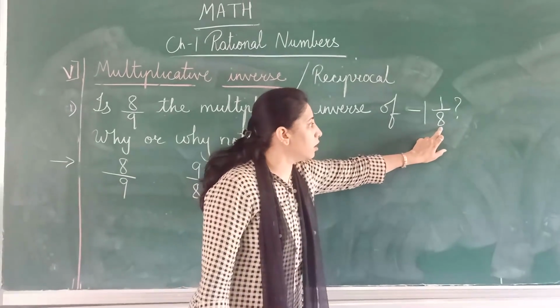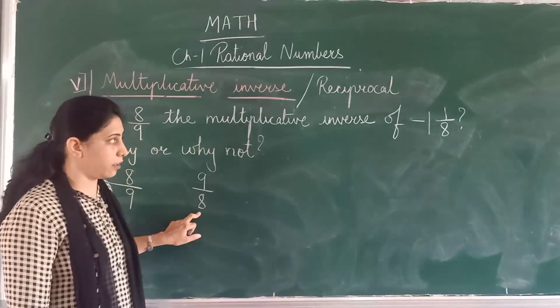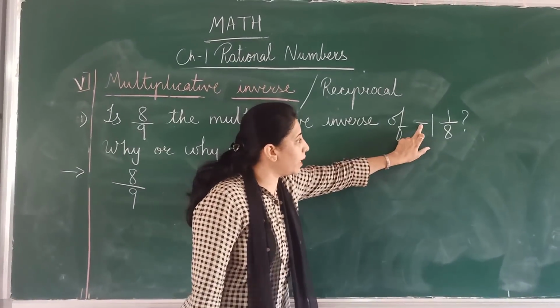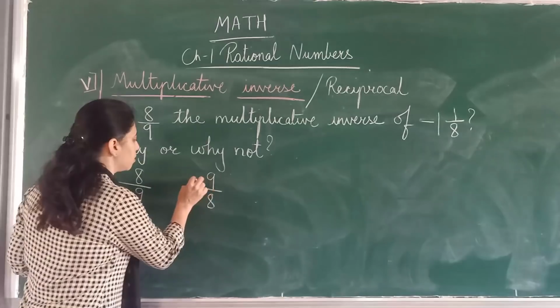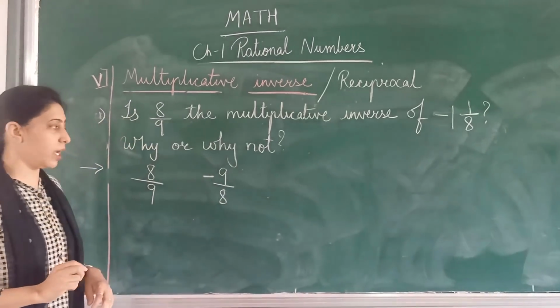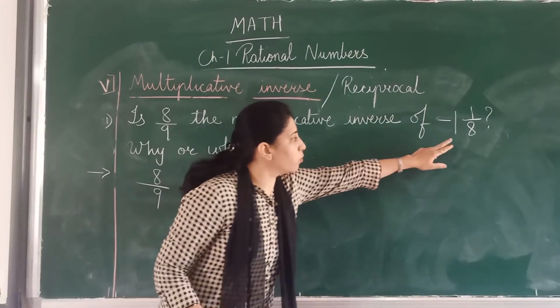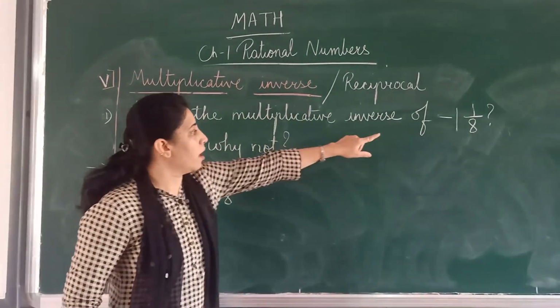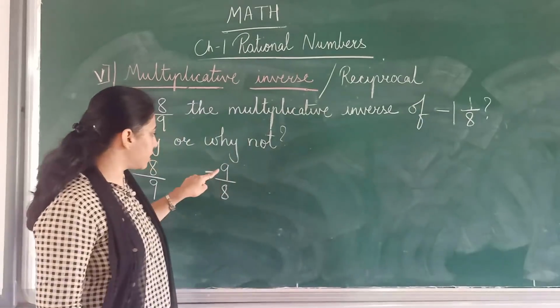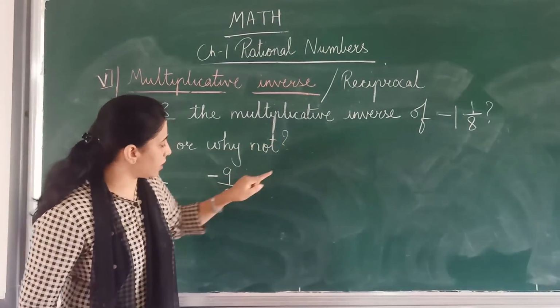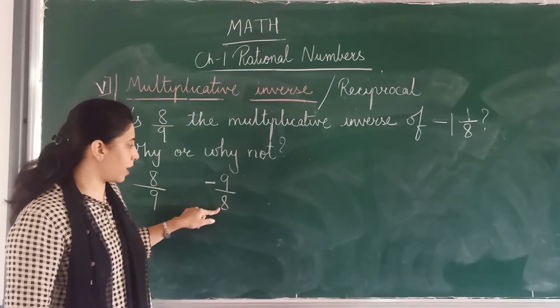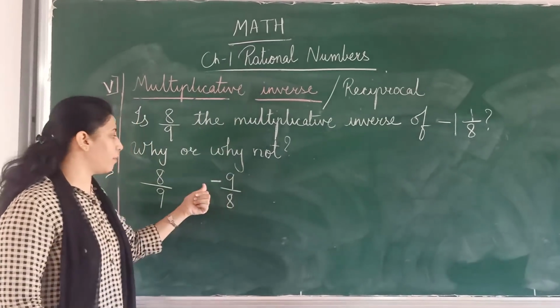And here the denominator is already 8. I have converted and the minus sign will be as it is. Understood? How to convert this? 8 ones are 8 plus 1, that is 9. The denominator is 8, so the denominator will come as 8 and the minus sign will come as it is.